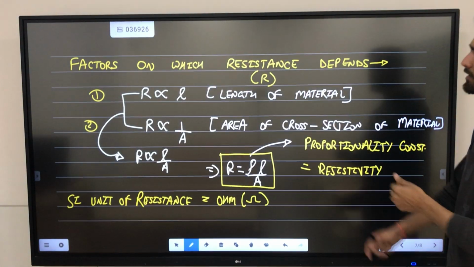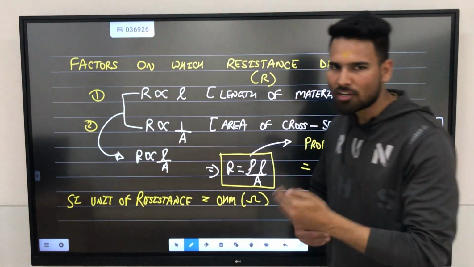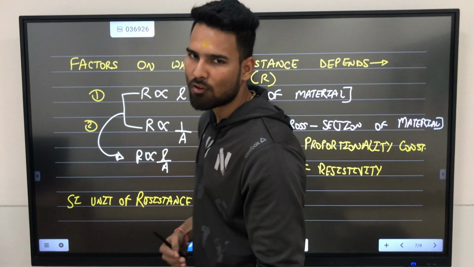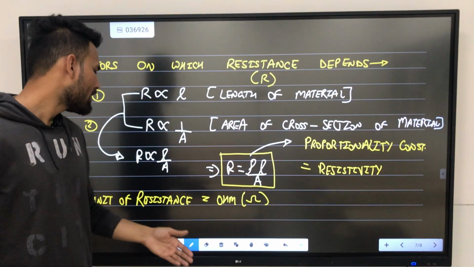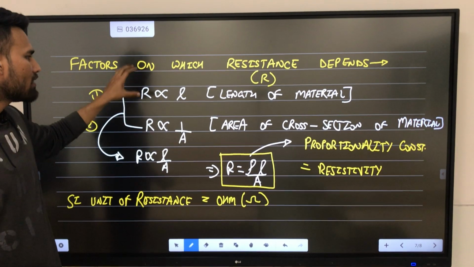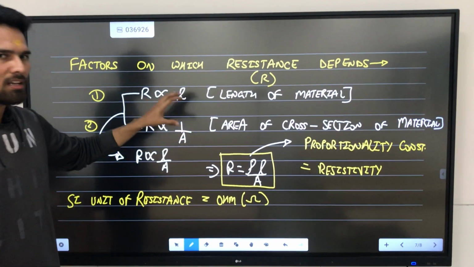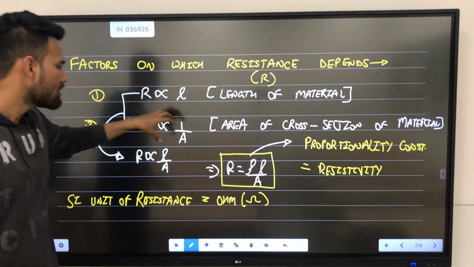So what we have discussed, the factors on which resistance depends. Resistance is the ability of a conductor to resist the flow of current. Its SI unit is ohm. The resistance of a conductor is directly proportional to length and inversely proportional to area.